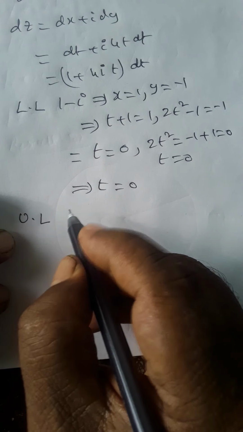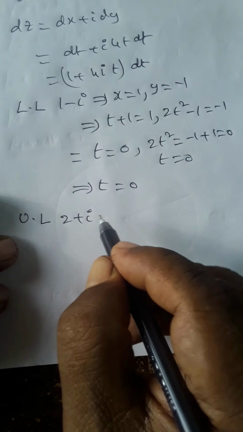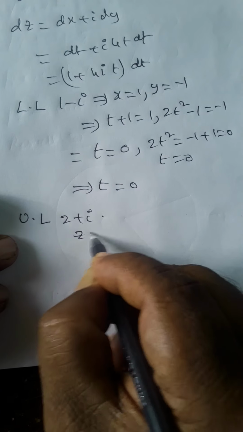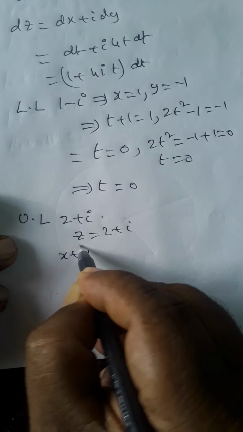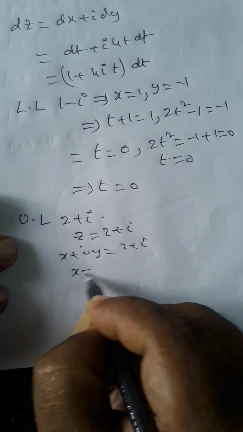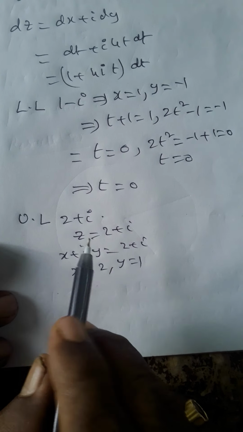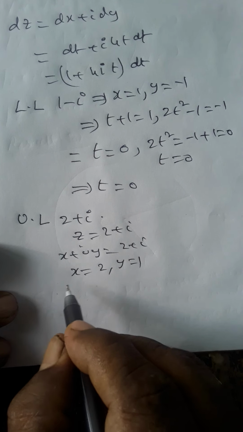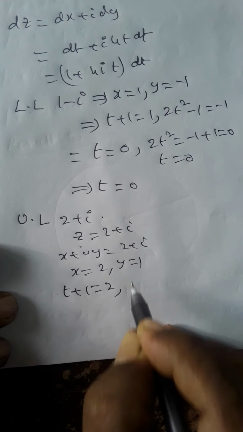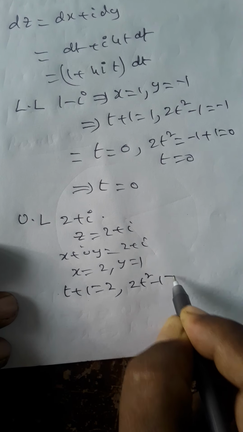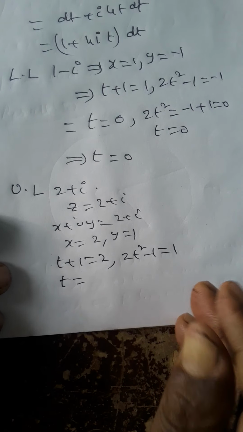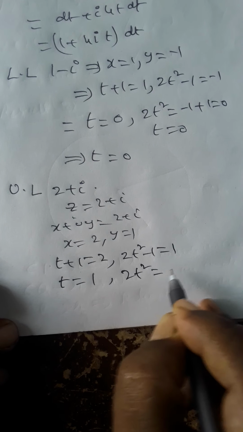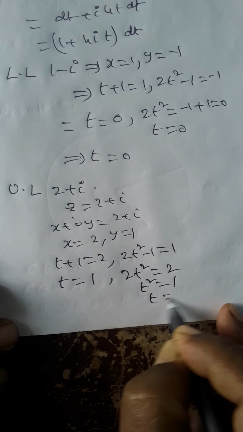Upper limit is 2 plus i. This means z is equal to 2 plus i, x plus iy is equal to 2 plus i, so x is equal to 2 and y is equal to 1. The x value t plus 1 is equal to 2, so t is 1. The y value 2t² minus 1 is equal to 1, so 2t² is 2, t² is 1, t is plus or minus 1.